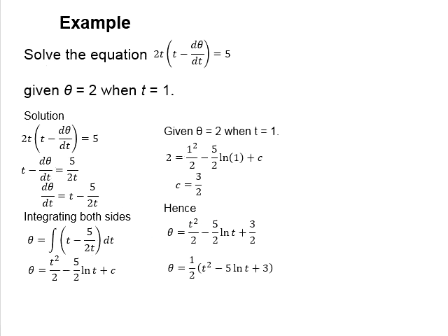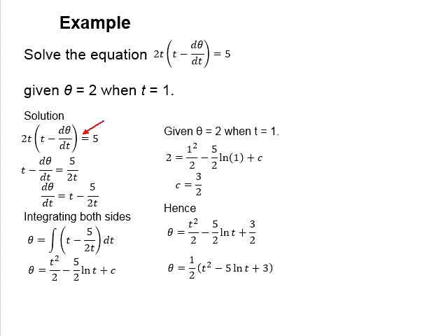Now let us try this example on differential functions. The equation is given here, and it is given that theta equals 2 when t equals 1. By looking at the equation here, you will see a d theta/dt. In order to solve this function, you will need to integrate the entire function to obtain the function theta.